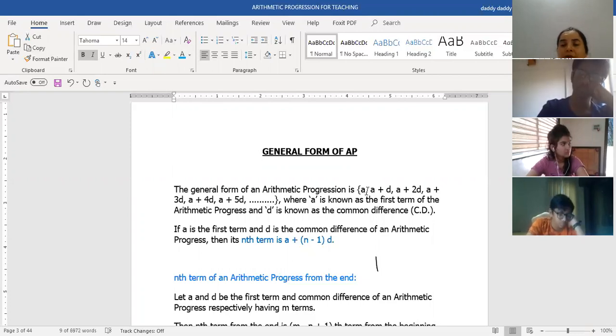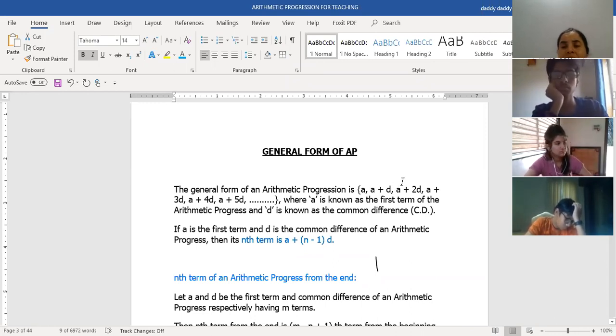that first term of the AP is A and the common difference throughout is D. Okay, so I have introduced two letters A and D. Now what happens, because A is the first term, so in place of first term I'm going to write A. Then my second term will be nothing but first term and addition of common difference, right? So A plus D is my second term.